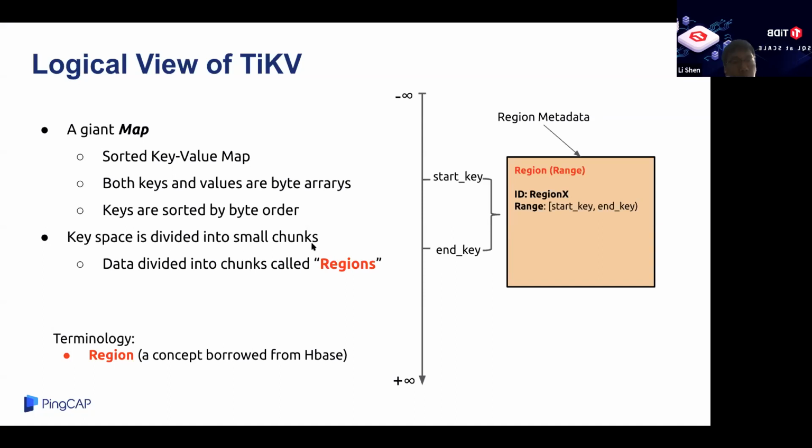Please note that the region I mentioned here is not a geographic region. It's just a concept we borrowed from HBase. Logically, a region is a small piece of key range. For each region, we have metadata, which contains the start key and end key.